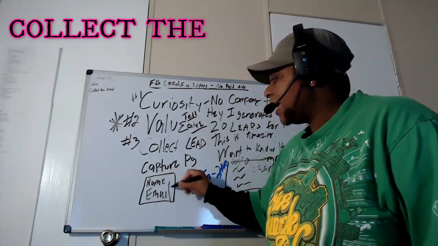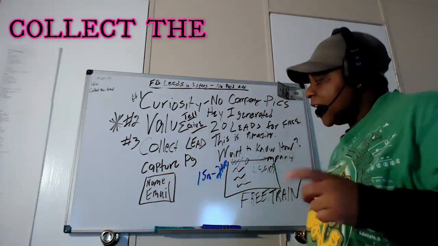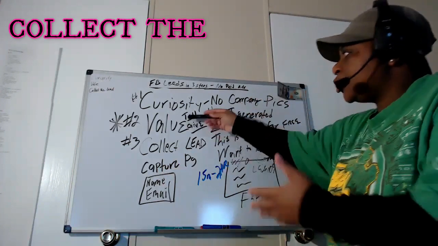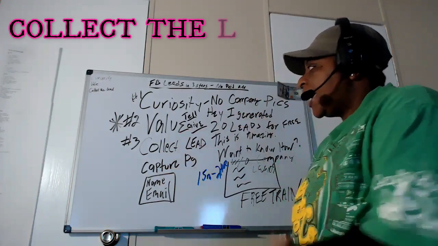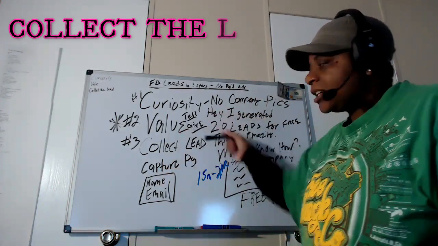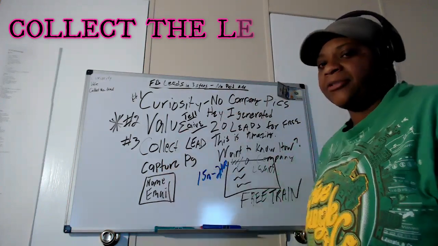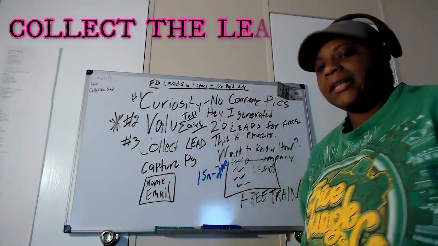Now, why is this step crucial? Here's the deal. When a person reaches out to you because you told them you're going to give them some value, and they click your link to get that value and put in their name and email address, they now have become your lead.